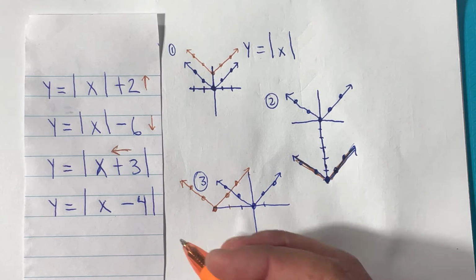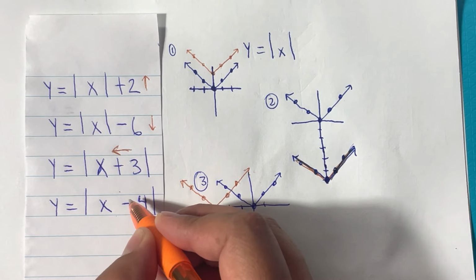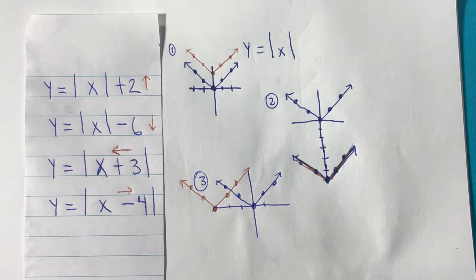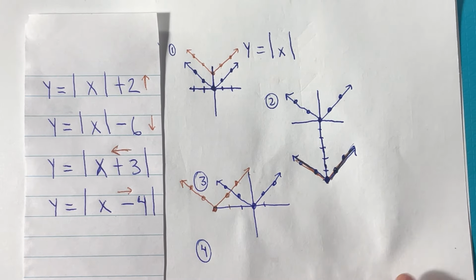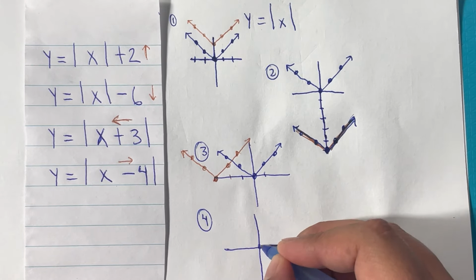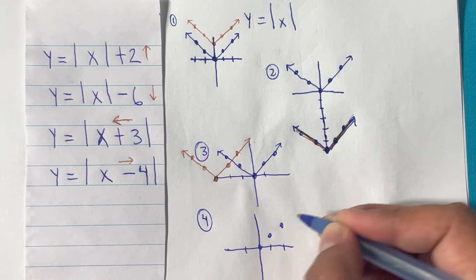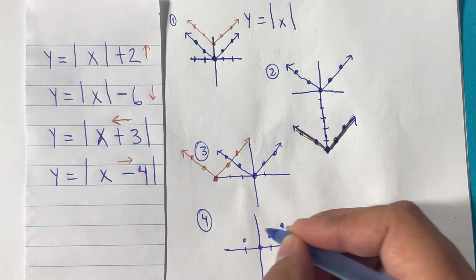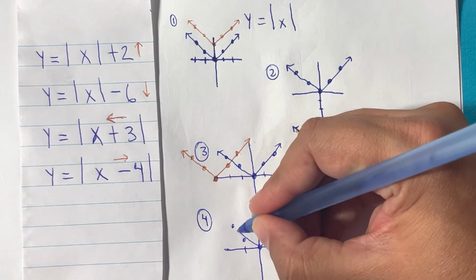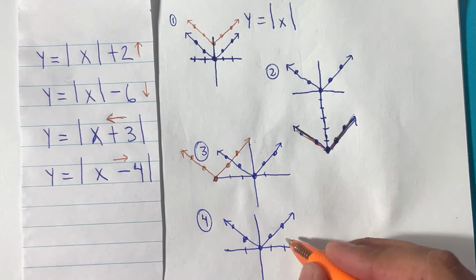And you're probably going to guess, if it's inside and it's negative, it goes to the right, to the positives. Okay, so the fourth graph, my mother graph is right there, more or less. And 4 spaces to the right.